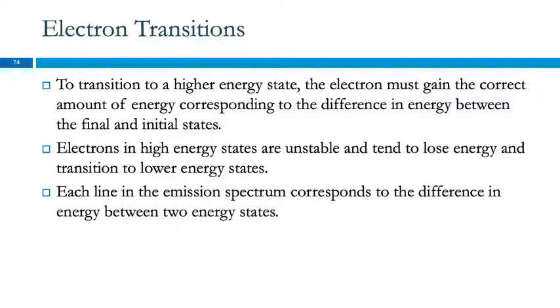So, in order to go to a higher energy state, it's not good enough to just get some money. You have to have the exact right amount of money, the exact amount of energy. It's like a bus where they take exact change only. If it's 75 cents, they won't let you pay $1. You have to have exactly the right amount of energy to go up to that level.